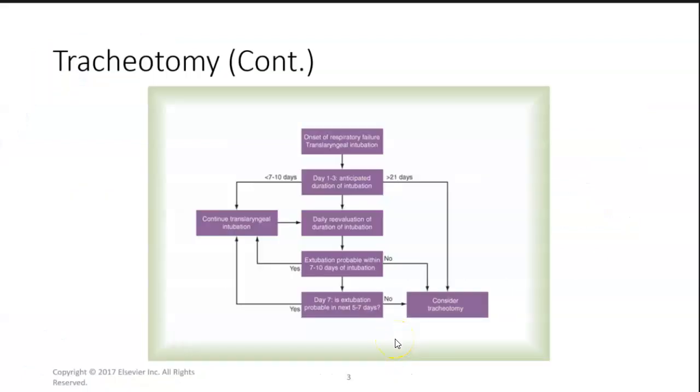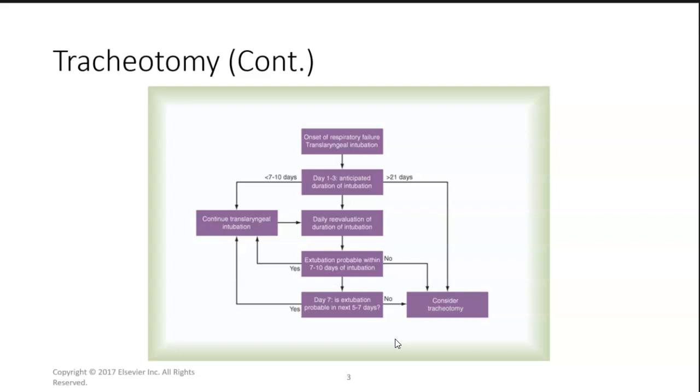Your book gave you a really nice layout on page 767, which talks about when you should be doing a trach. So tracheotomies are preferred as a primary route of establishing an artificial airway anytime the patient has any sort of upper airway obstruction or trauma.